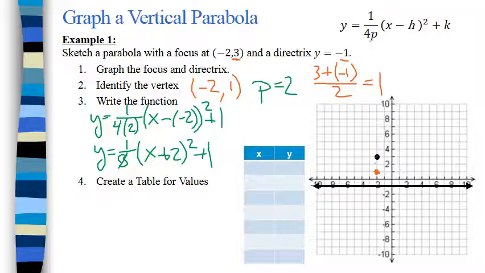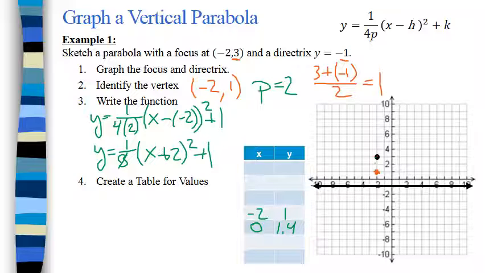I'm going to try to start with always the vertex, so we're going to start at (-2, 1). And then I'm going to try to pick values for x that make it so when I divide by 8 it's not so awful. So if I pick 0 here, so if x equals 0, 0 plus 2 is 2, squared is 4, divide by 8 is a half, plus 1 is 1.5.